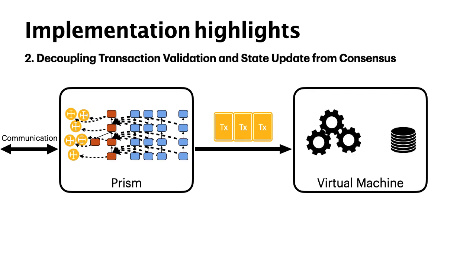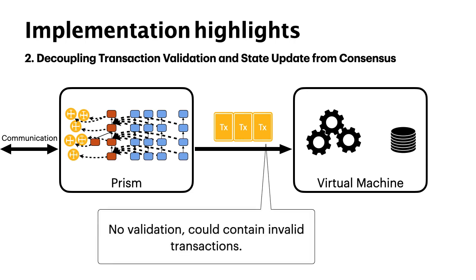The second highlight is that Prism decouples transaction validation and state update from consensus. By design, Prism does not validate transactions when it mines blocks. As a result, when the Prism consensus protocol pushes the ordered list of transactions to the virtual machine, this list could contain invalid transactions.